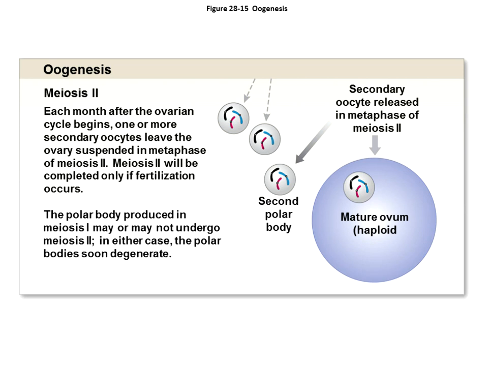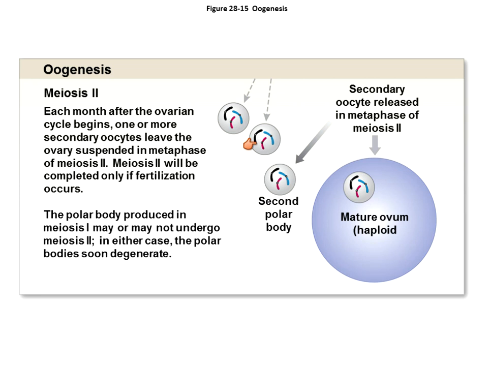So each month after ovulation begins, one or more secondary oocytes leaves a suspended phase, a metaphase, meiosis II. So we have another pause here. The secondary oocyte is released, and it is a mature ovum, and it's going to be haploid now. So after we've separated and pulled apart, after that metaphase has happened, it's going to stay suspended and wait until fertilization takes place.